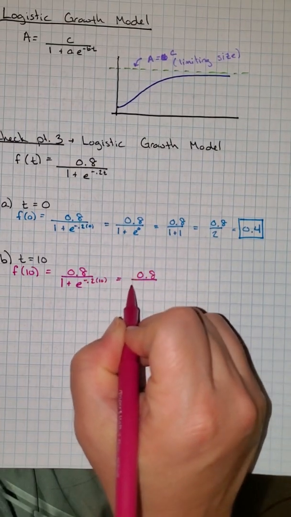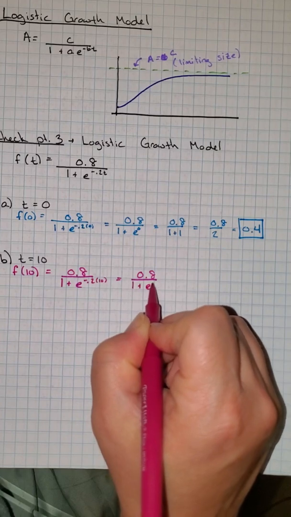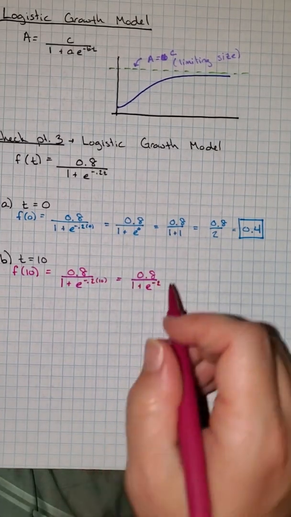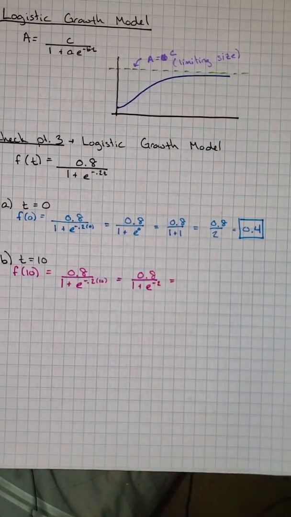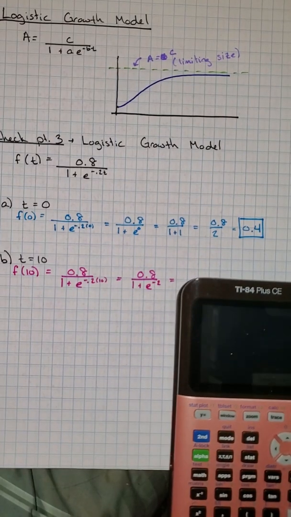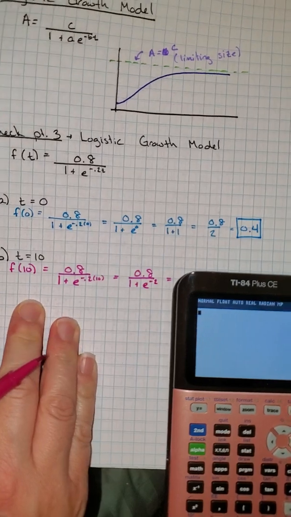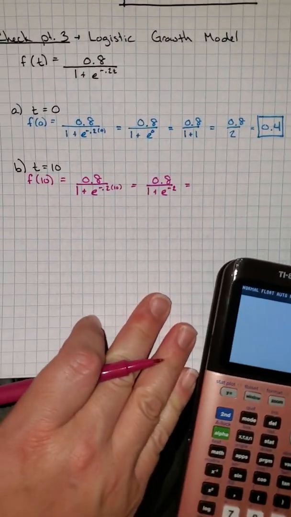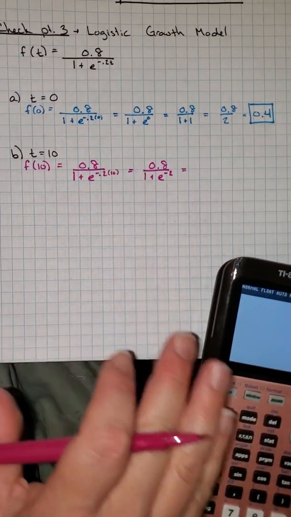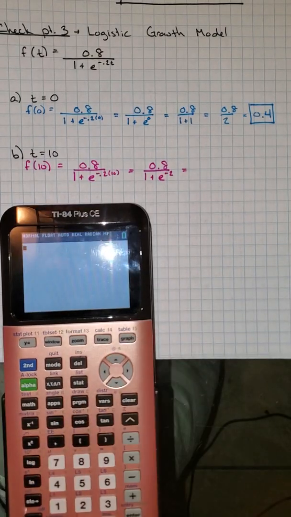So 0.8 over 1 plus e to the negative 2. And then you just throw that into your calculator. Very carefully.